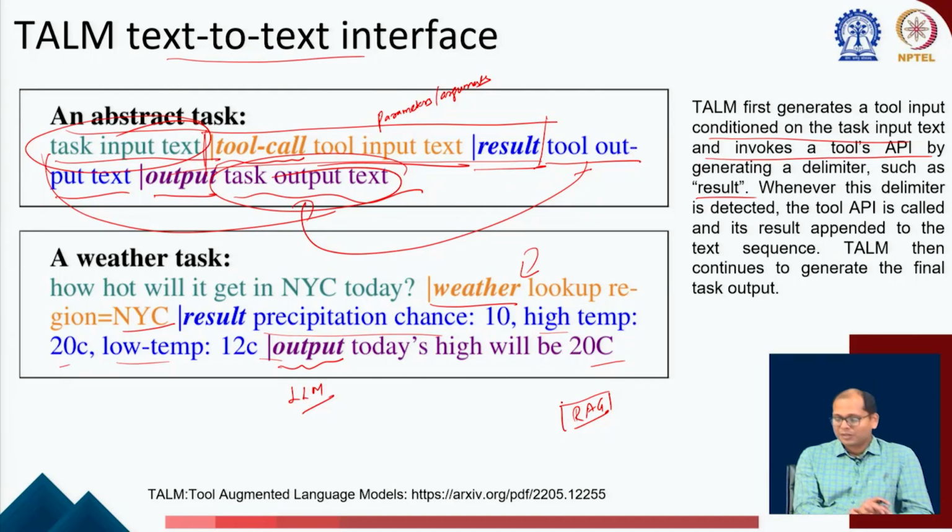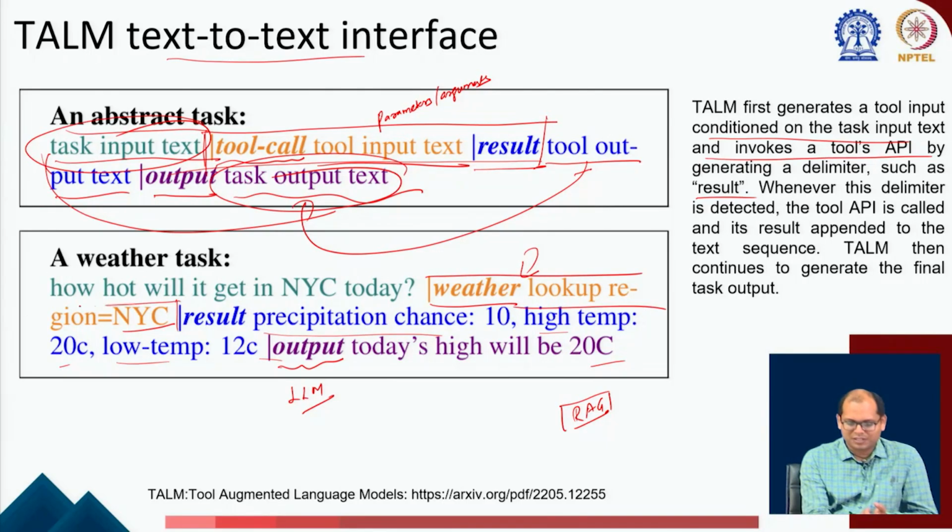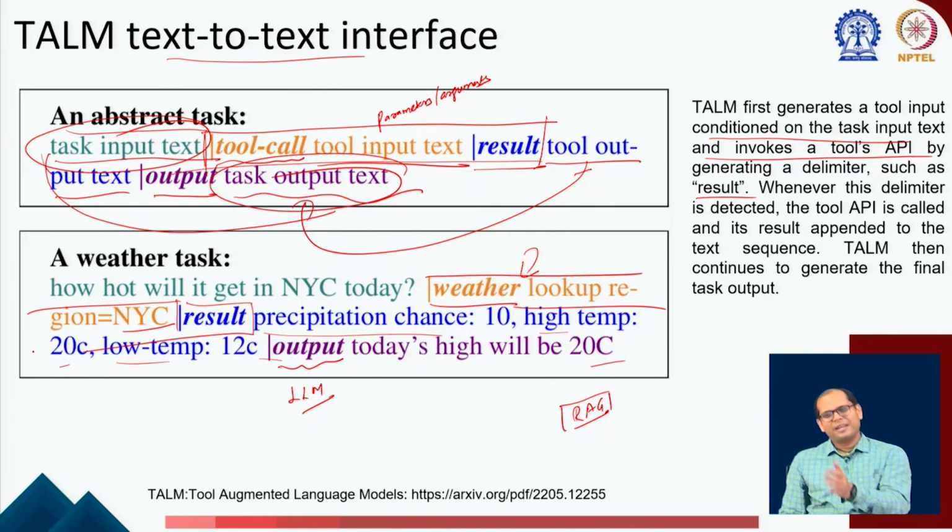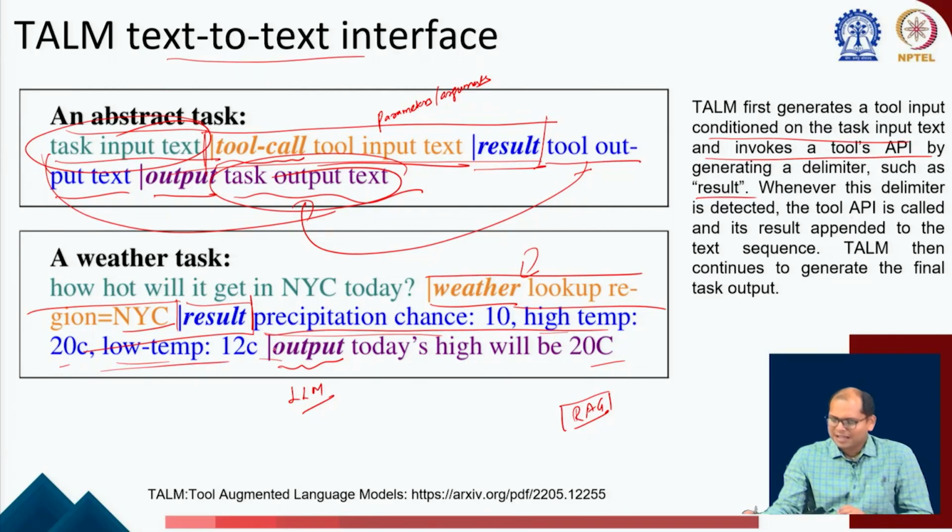What is interesting is that you generate this call yourself. This is what the LM will generate: what is the tool I have to call and what are the input parameters that I have to use. Whenever you detect this result, you append the tool output after result, and then TALM will continue to generate the final task output.